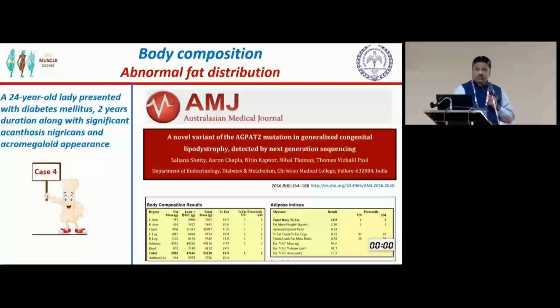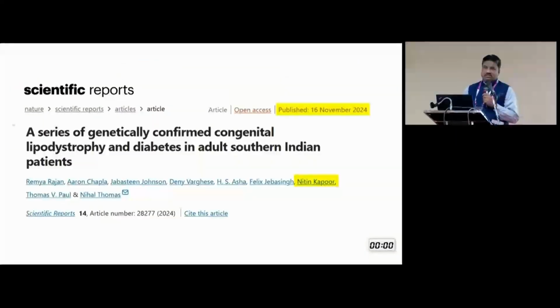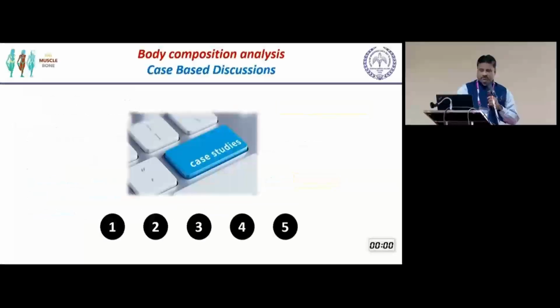This is a patient with complete lipodystrophy, and again, this is something that you can easily diagnose with the help of body composition analysis. Very recently, we've also published one of the largest series in the world of inherited congenital lipodystrophies.